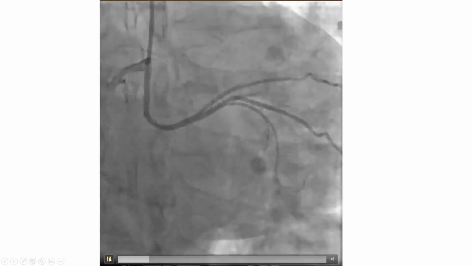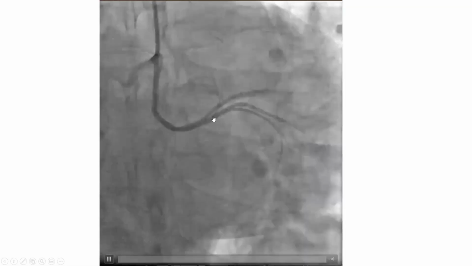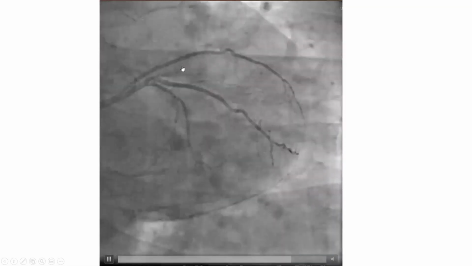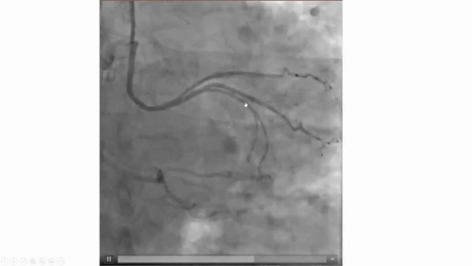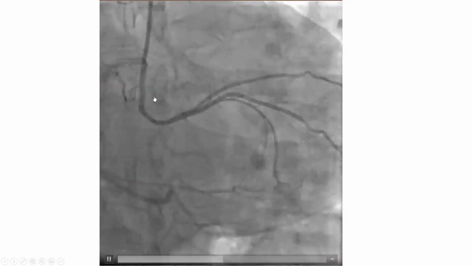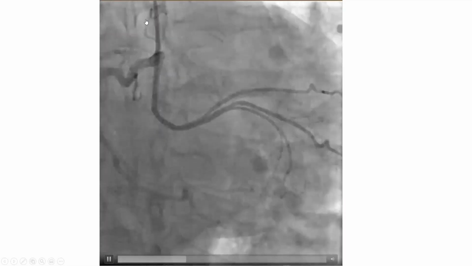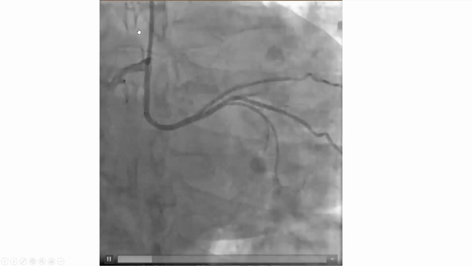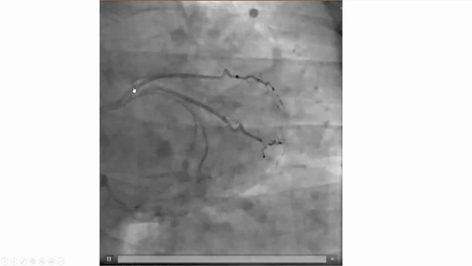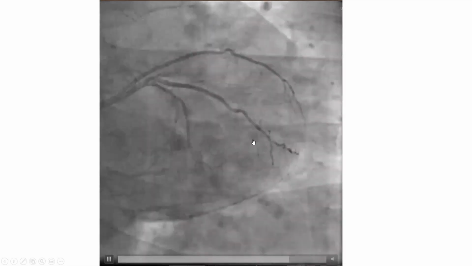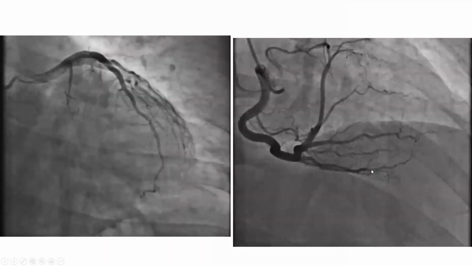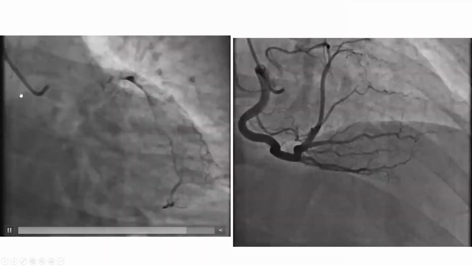So here we did a caudal view of that anomalous circumflex to better see the obtuse marginal. And again, you see here we use a multi-purpose catheter, which is pointing down and going actually deeply in that anomalous left circumflex.